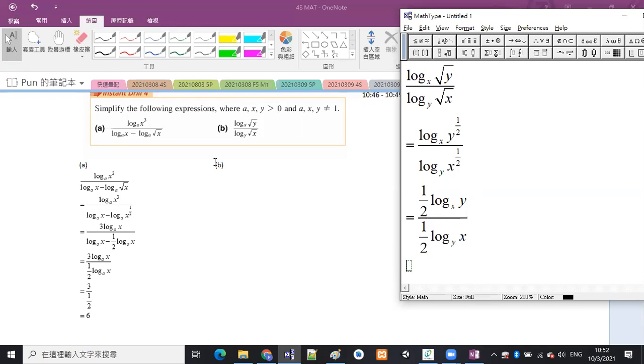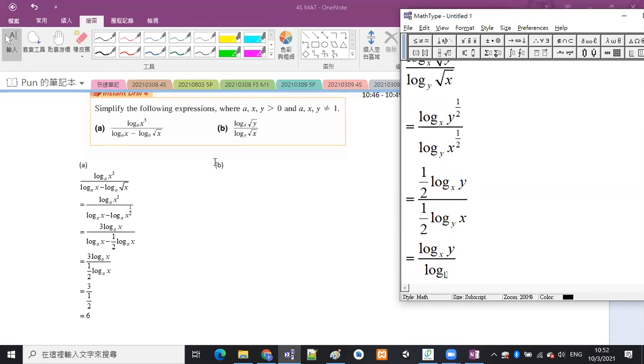You can see this? And then the 1/2 and 1/2 will be cancelled by each other. Okay, so it becomes log y base x over log x base y.